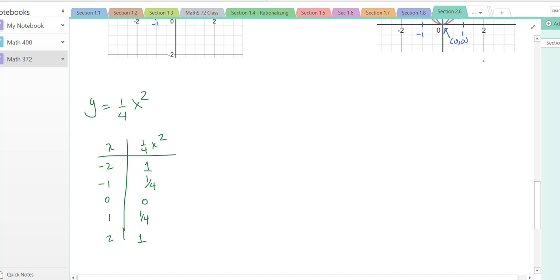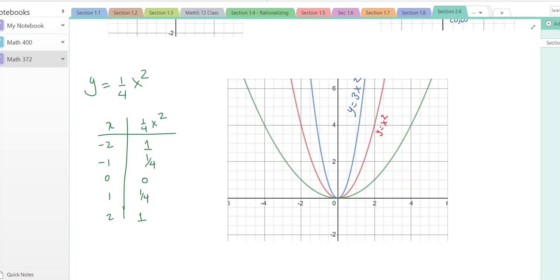So what does this graph look like? When we graph it, this is what it looks like. We have that green graph. So this graph is our y equals 1/4 x squared. So this shrinks the graph vertically by a factor of 4.